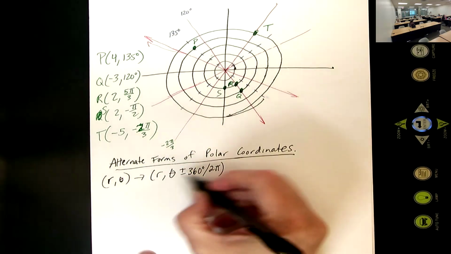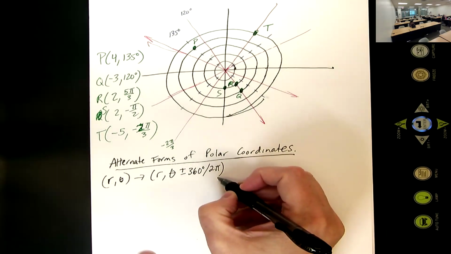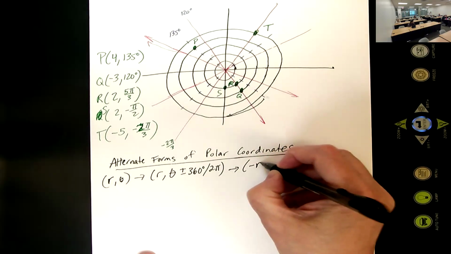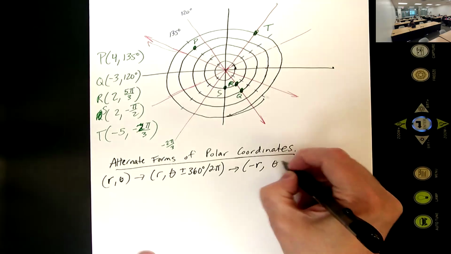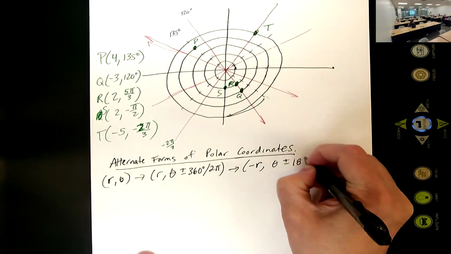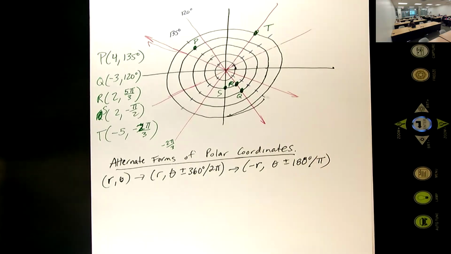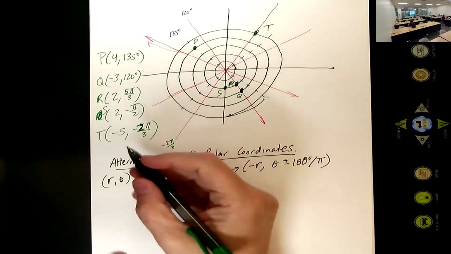Or we can not change the theta, or we could do negative r and do theta plus or minus 180 degrees, or pi. So we go 180 degrees different than the angle we want and go the negative distance. How does that work with P?